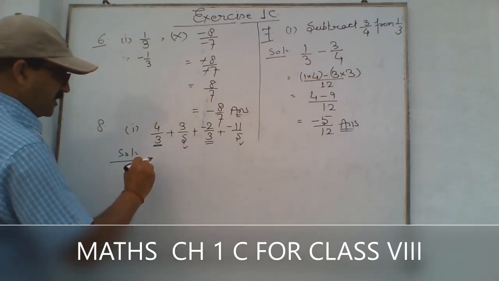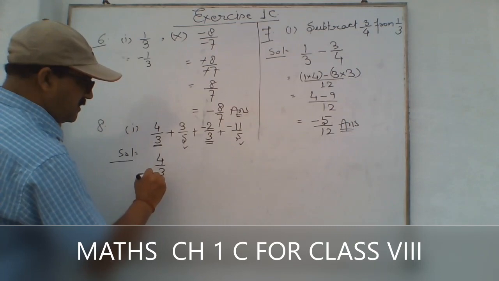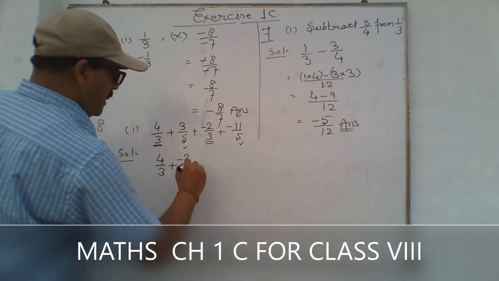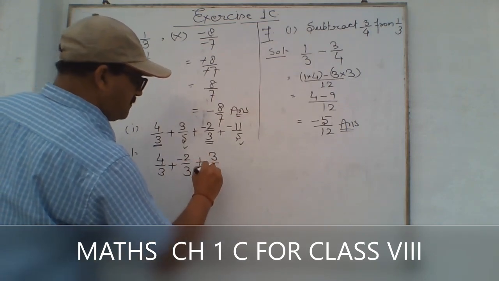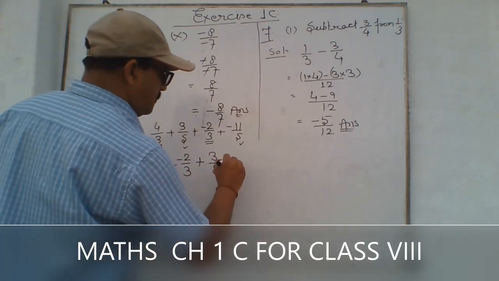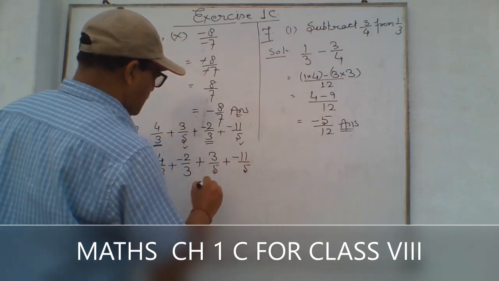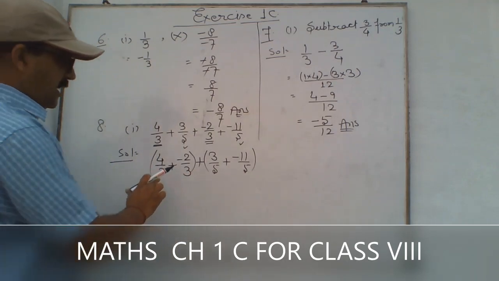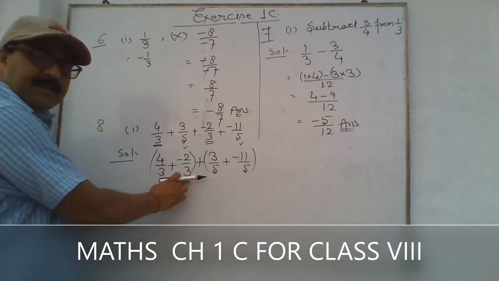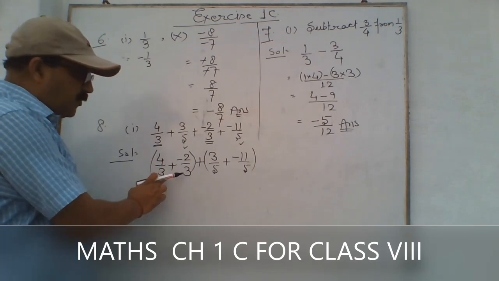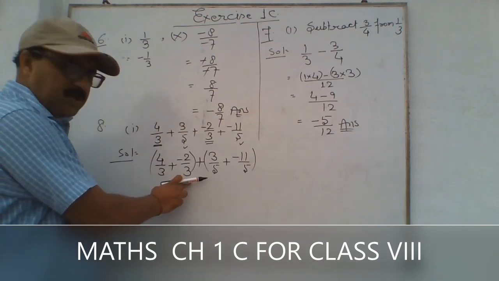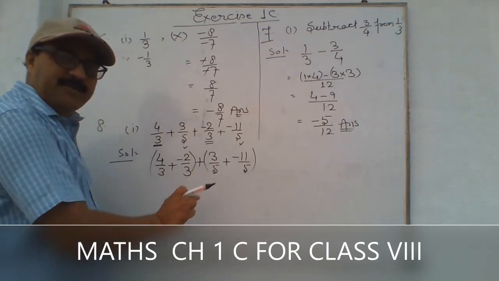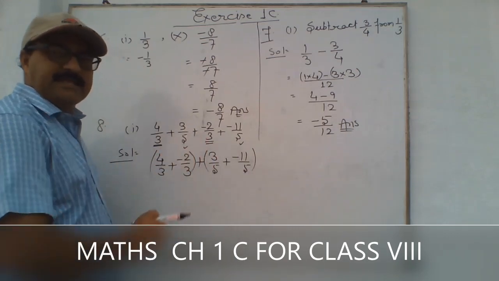So it is better for us to write 4 by 3 plus minus 2 by 3, again plus 3 by 5 plus minus 11 by 5. If we arrange it in this process, both denominators are the same, so the LCM will be the same. Again 5 and 5, both denominators are the same.